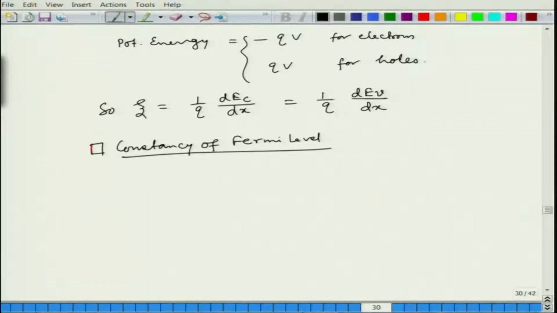Now, what is Fermi function? Fermi function is the probability of finding an electron at certain energy state E, right.